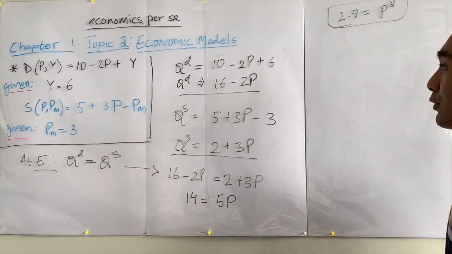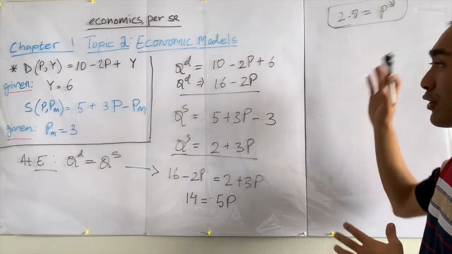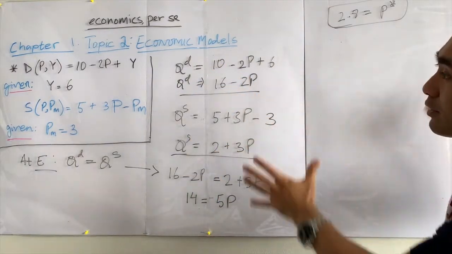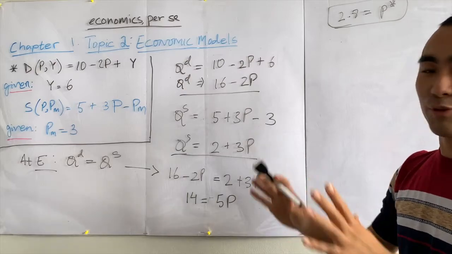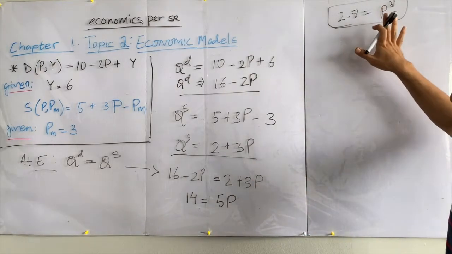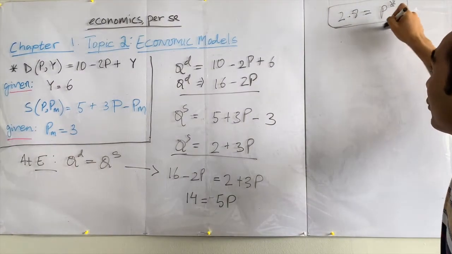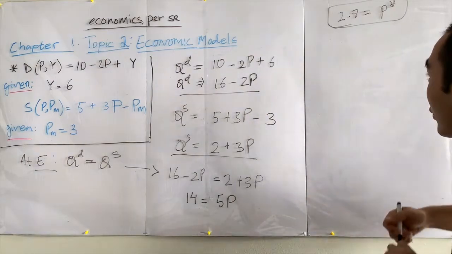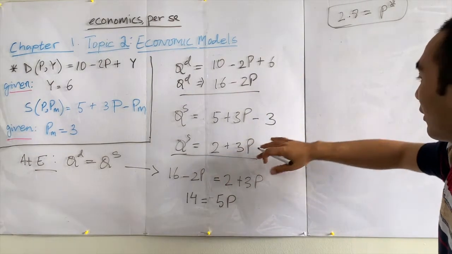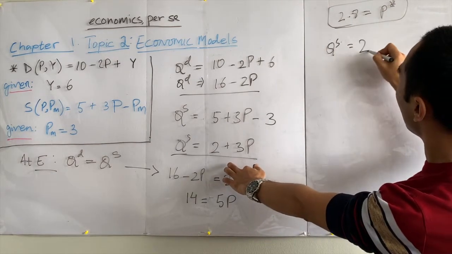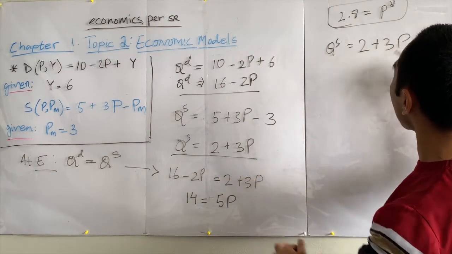This is not the demand function's price or the supply function's price. It's the price from both of them together. So now since we have the market clearing price, we can just put this value into either one of these functions. Let's pick the supply. So we'll say QS, which was equal to 2 plus 3p.